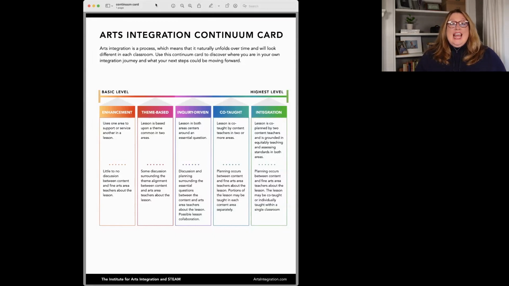That is an arts enhancement lesson. Because if I take out the drawing of the design, could they still create their robot? Sure. Could they still just use the Legos? Yeah.